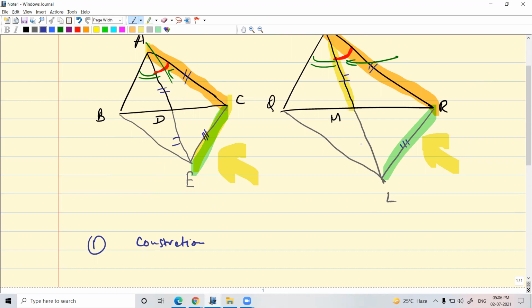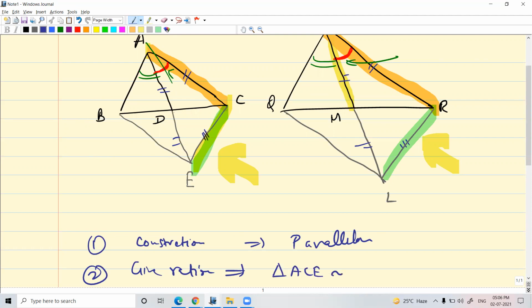Same way, PM is equal to ML. And by that, what did we actually do? We made this a parallelogram by joining B and C, Q and L and R. So from this, we get the parallelograms. Then from the given ratio, we proved that triangle ACE is similar to triangle PRL.